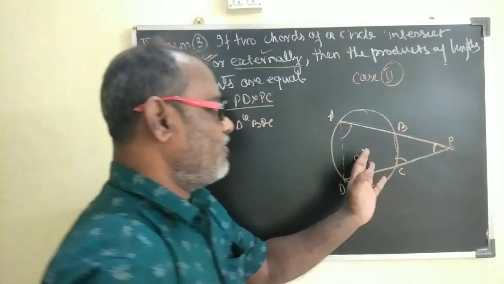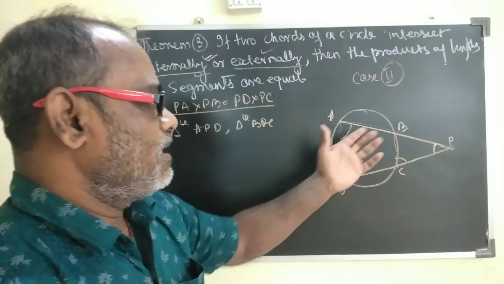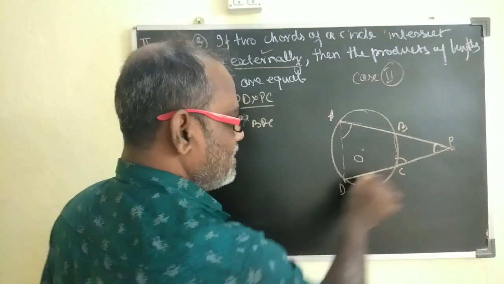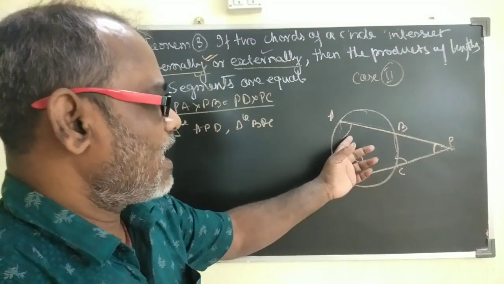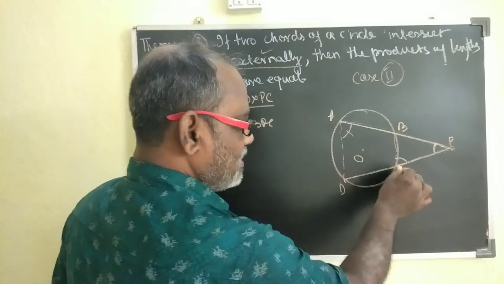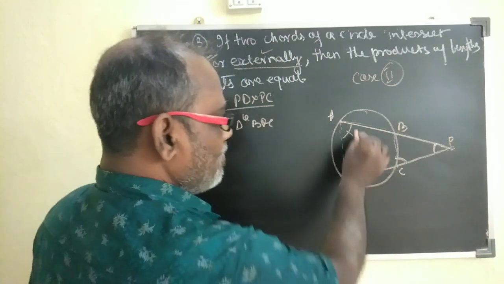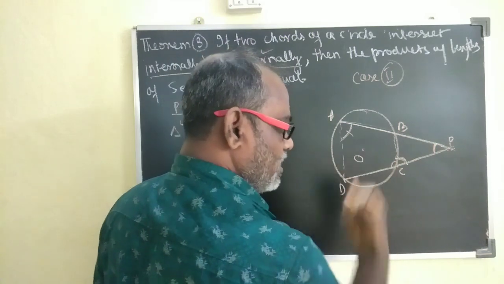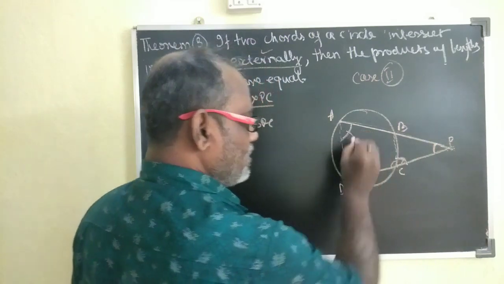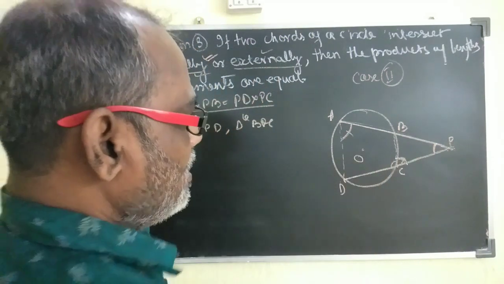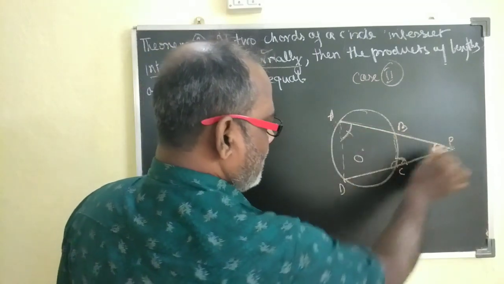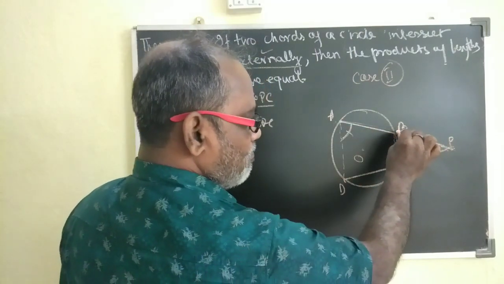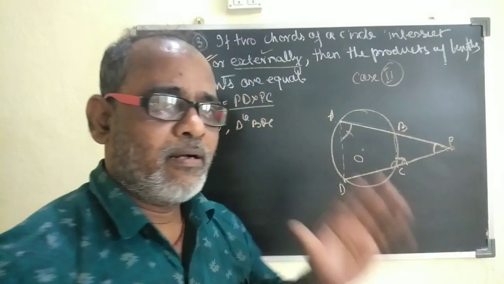One theorem we have learned is that in a cyclic quadrilateral ABCD, opposite angles add up to 180. This plus this equals 180 and this plus this equals 180. Therefore, this equals this. So in the same way, triangle APD and triangle BCP are similar.